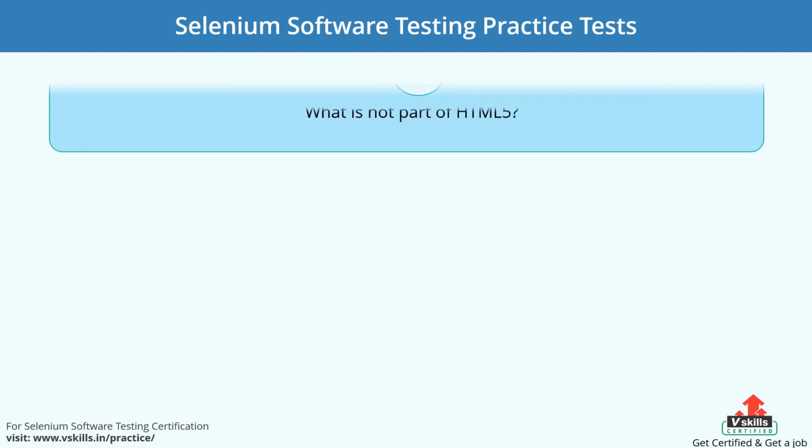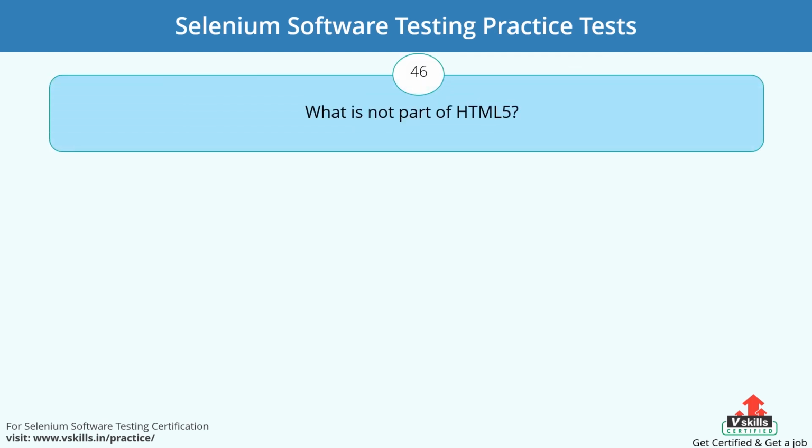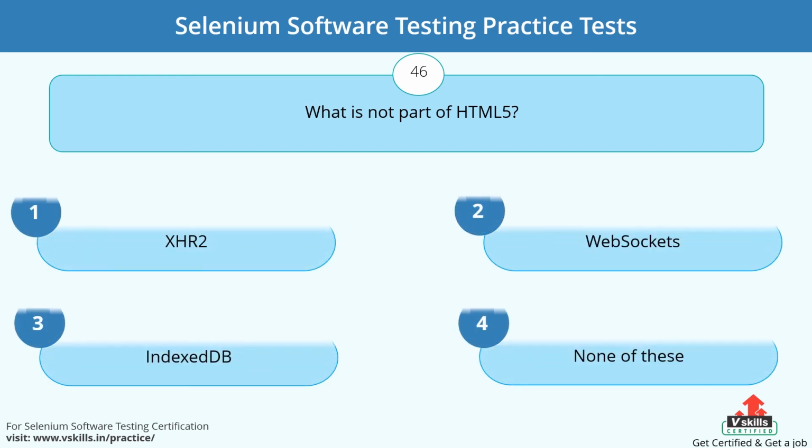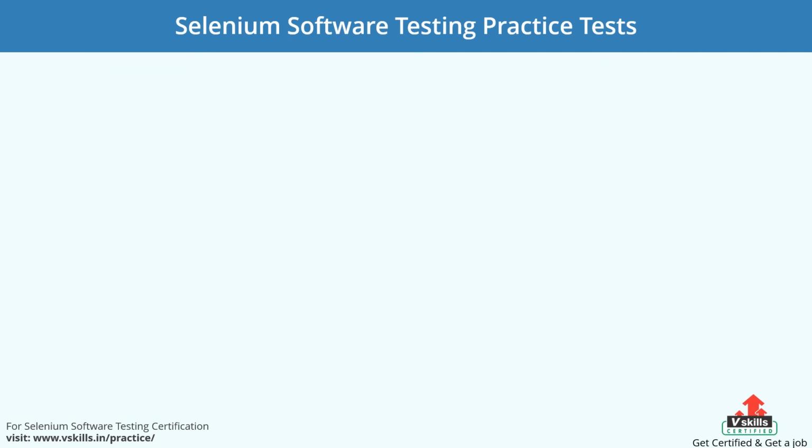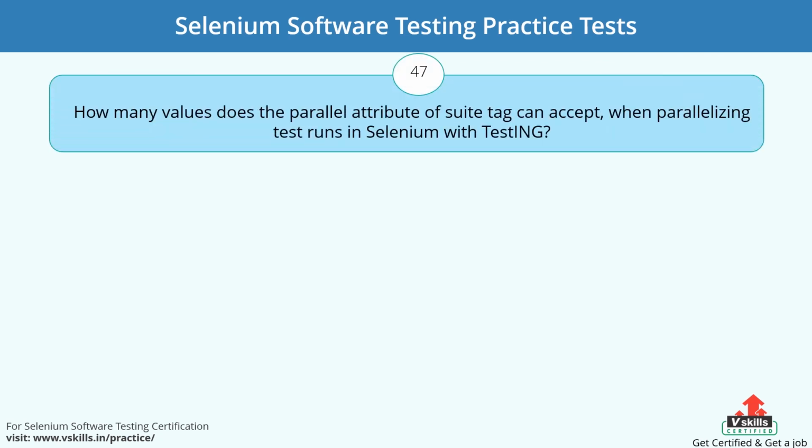Question number 46, what is not part of HTML5? The options are A. XHR2, B. WebSockets, C. IndexedDB, D. none of these. The correct answer is option D. Question number 47, how many values can the parallel attribute of the suite tag accept when parallelizing test runs in Selenium with TestNG?